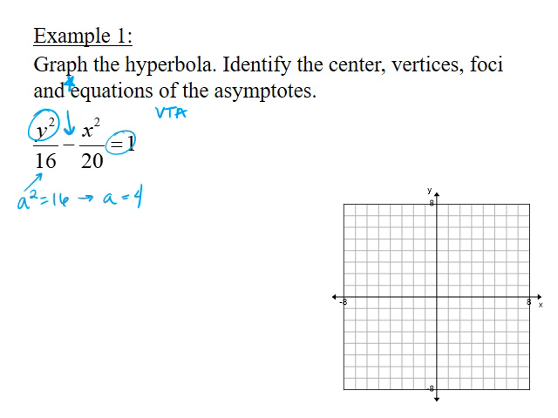Well then, b squared is 20, so that tells me that b is the square root of 20, or 2 root 5, and that's approximately 4.5. All right, the center, since I don't have anything attached to the x and the y, the center is (0, 0).